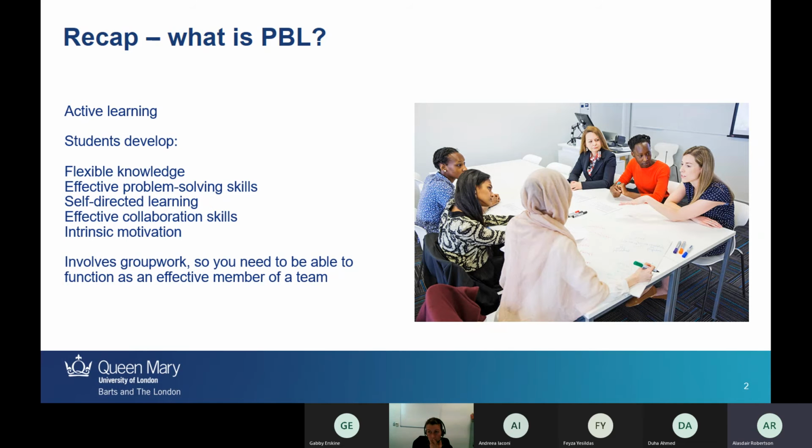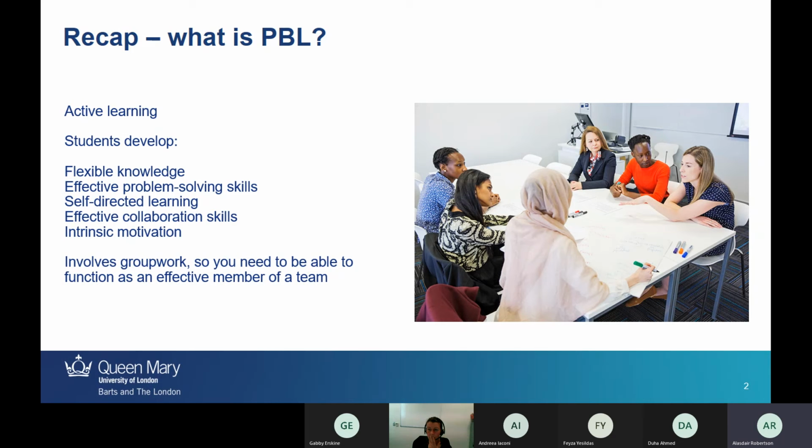So the idea is you think and develop your own learning, your own thoughts. You're solving different sorts of problems using all sorts of thinking strategies. You will develop all these skills that I've listed on the screen. So it's got problem-solving skills, self-directed learning, flexible knowledge, things like that.